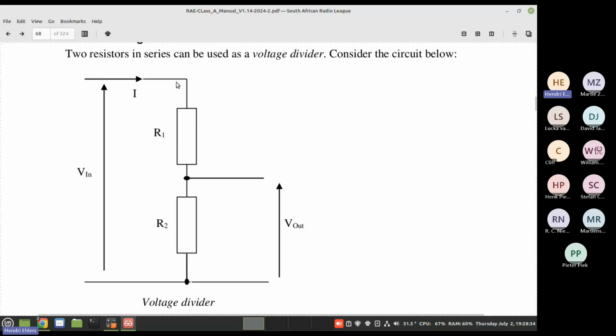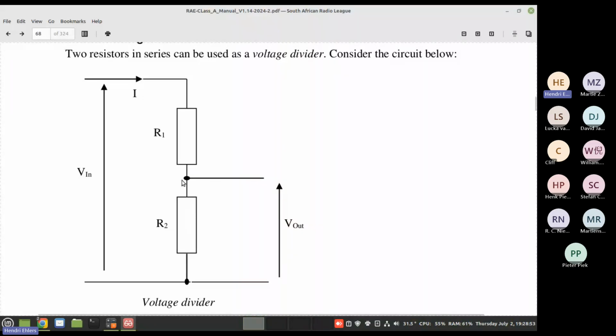If you have 10 volts coming in here, and these two resistors are both 10 kilo ohms, you will have half the supply voltage over here, hence the name voltage divider.